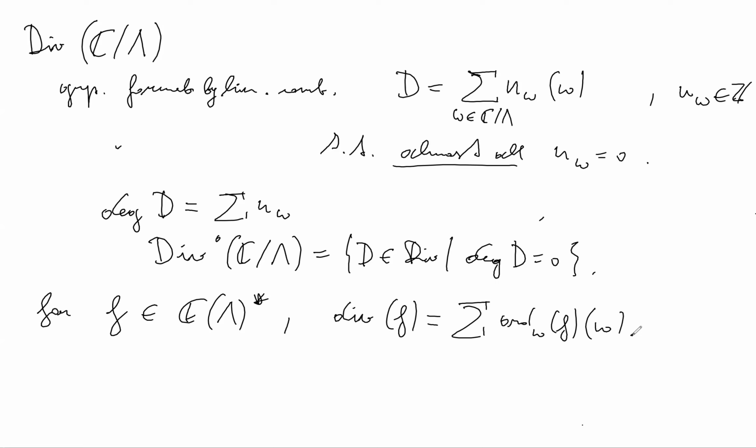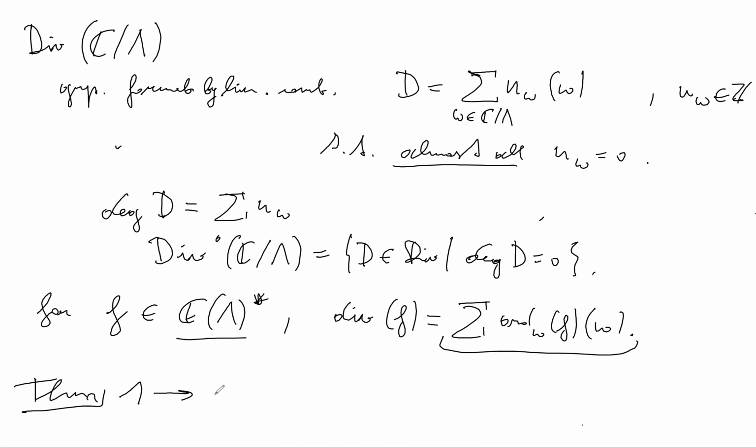If you think about the elements in here, they are meromorphic functions, so they should have a finite number of zeros and a finite number of poles, which implies that again this is a nice divisor and that the sum is finite. Then it turns out that there's a nice exact sequence.